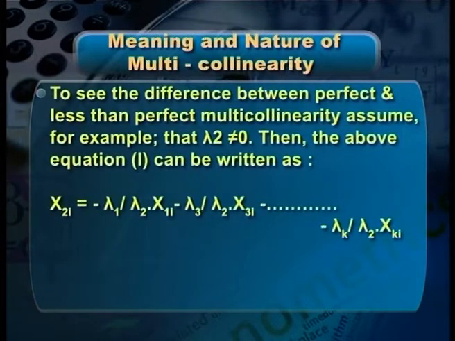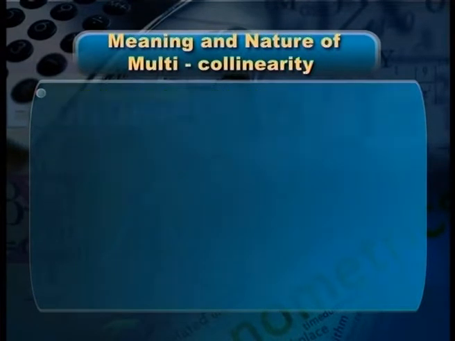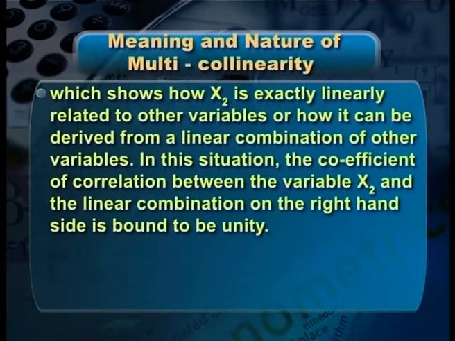Here we can find the difference between perfect and less than perfect multicollinearity. For instance, if lambda 2 is not equal to 0, then the above equation 1 can be written as x2i is equal to minus lambda 1 by lambda 2 x1i minus lambda 3 divided by lambda 2 x3i minus and so forth minus lambda k divided by lambda 2 xki, which shows how x2 is exactly linearly related to other variables, or how it can be derived from a linear combination of other variables.